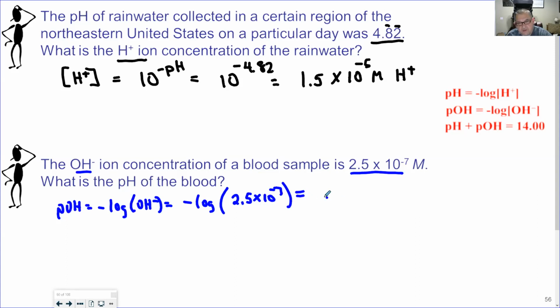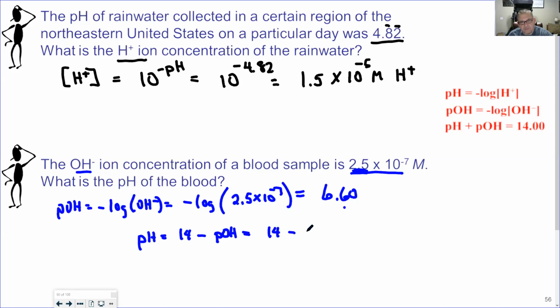And I get that that number is 6 point. I've got two significant figures in this component in the calculation, so I need to go 2 places past the decimal, 6.60. And then if I want to know what pH is, it is equal to 14 minus pOH, just simply rearranging that formula.